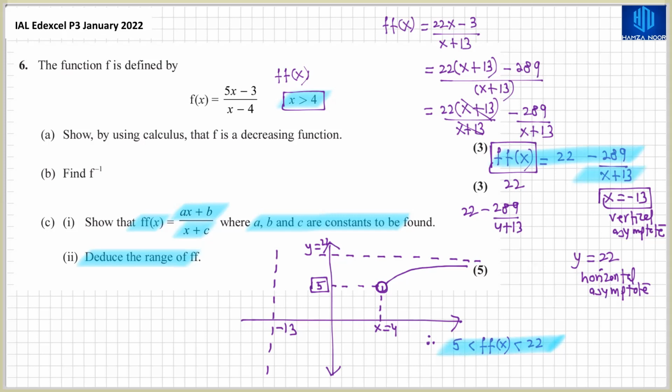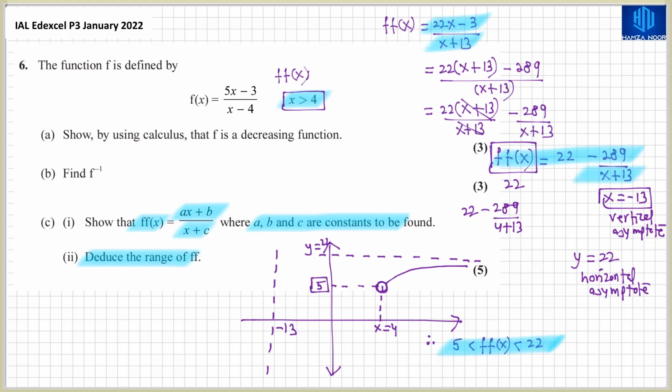But again, I would say that if you want to avoid these steps of expressing the composed function into a mixed fraction form, there's no issue in this. Your sketching should be at your fingertips. You should be able to sketch the graph of (22x minus 3) over (x plus 13) very quickly.